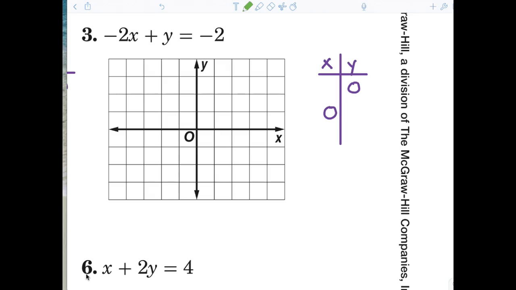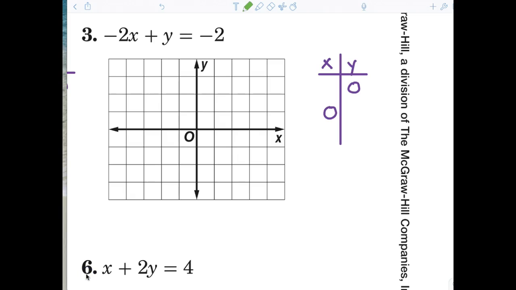All right. So if y is 0, the x is what? If the y is 0, the x is 1. Thank you. If the x is 0, the y is? -2. Thank you very much.